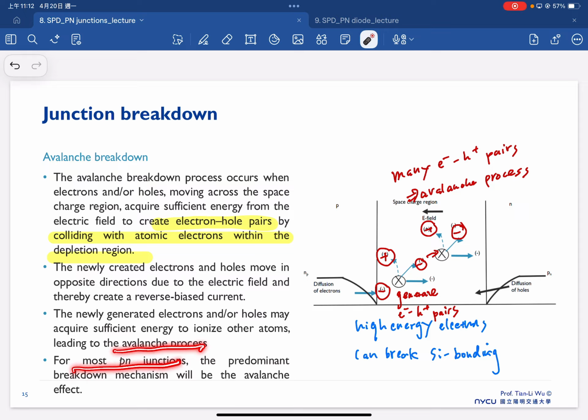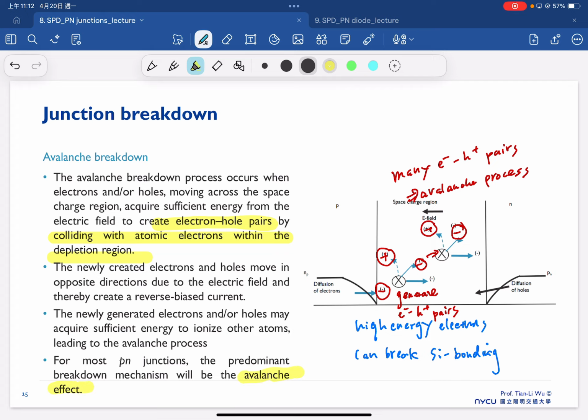For most p-n junctions, the dominant breakdown mechanism will be the avalanche effect. This is the main dominant mechanism not only for the p-n diode. Actually, in the MOSFET we also have avalanche breakdown, because in the MOSFET we also have the p-n junction on the drain side, so that can also cause breakdown on the drain side as well.